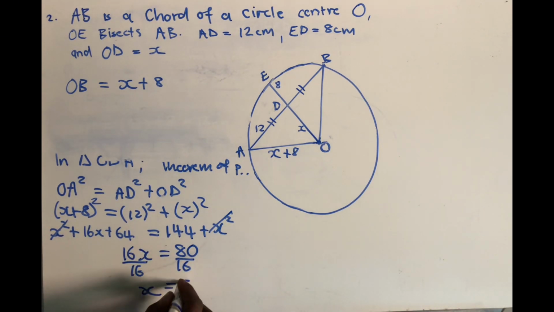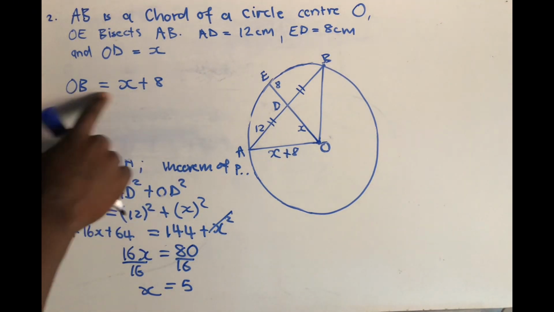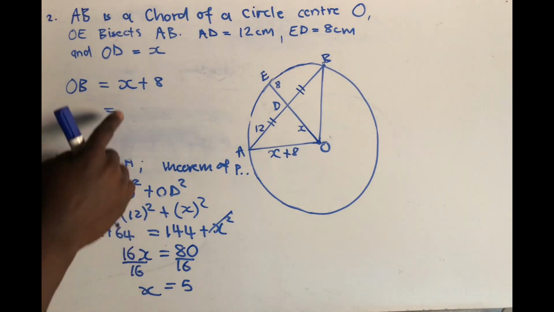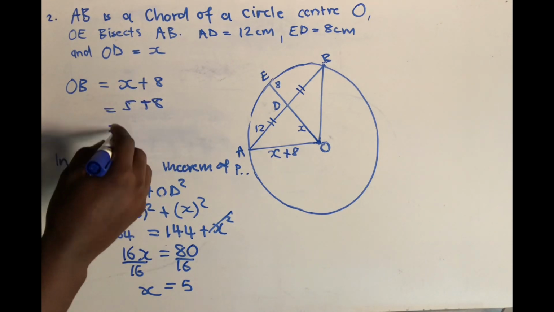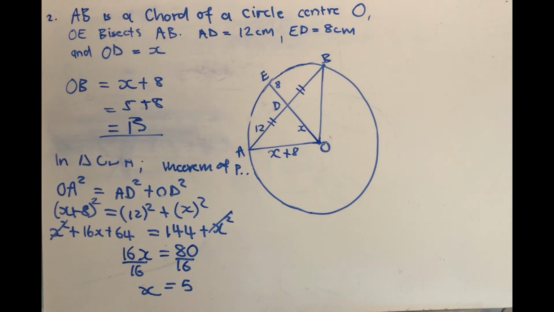It's 5. But the question wanted the actual value of OP. We see OP is x plus 8. But now we have the value of x is 5. We substitute 5 instead of x now. And then we get 13. The actual value of OP is 13.